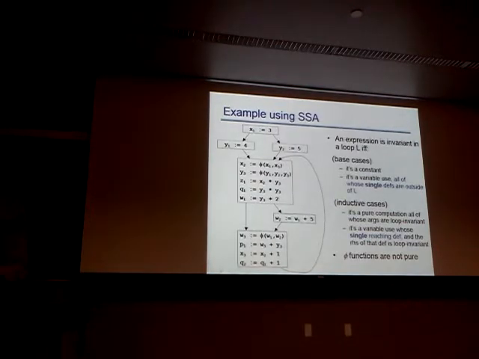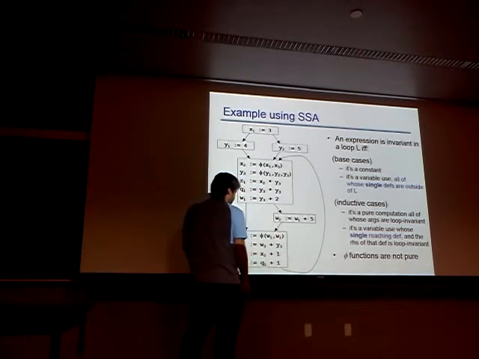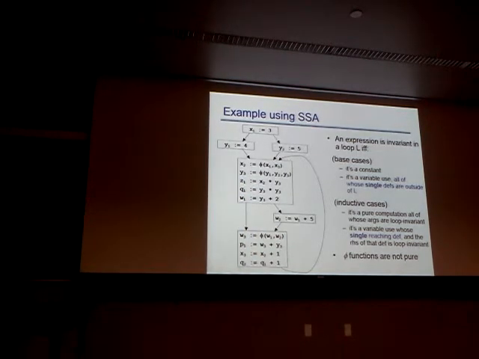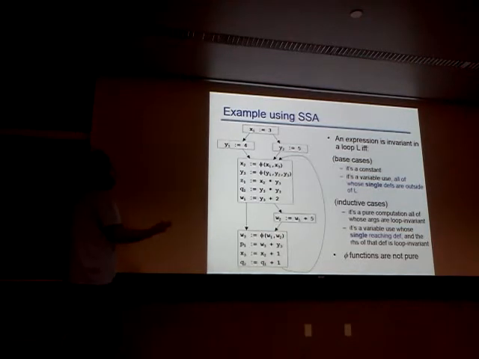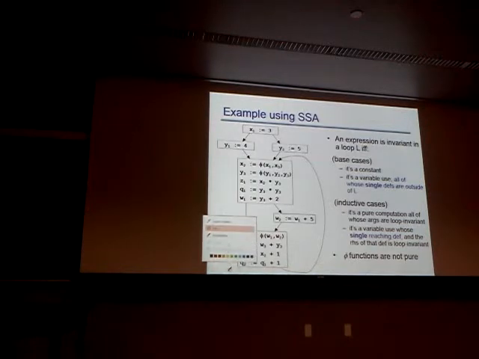So here we've inserted the phi node. Notice there's this phi node here for W, and now we can basically follow all the stuff. So the phi nodes are not loop invariant, we said that already. And this is not loop invariant. Now here we look at this x2.